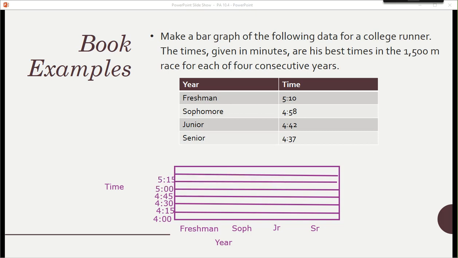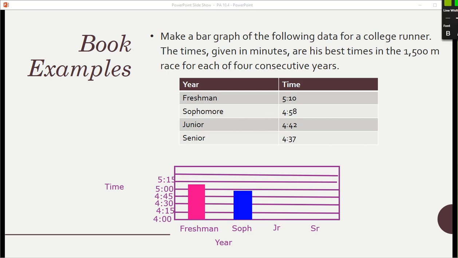So for my first bar, I go freshman year, 5 minutes, 10 seconds. I can make my first bar here, 5 minutes, not quite 15. So something like that. For the sophomore year, it's 4 minutes, 58 seconds. Not quite 5 minutes, but really close.